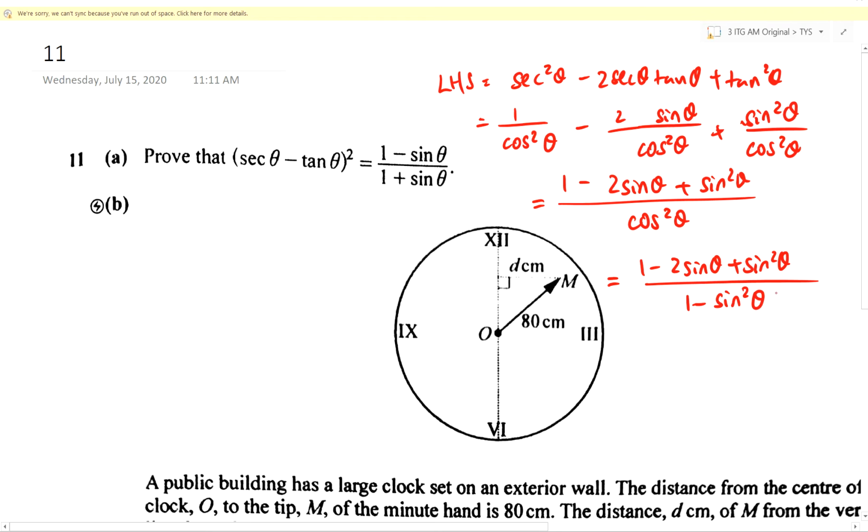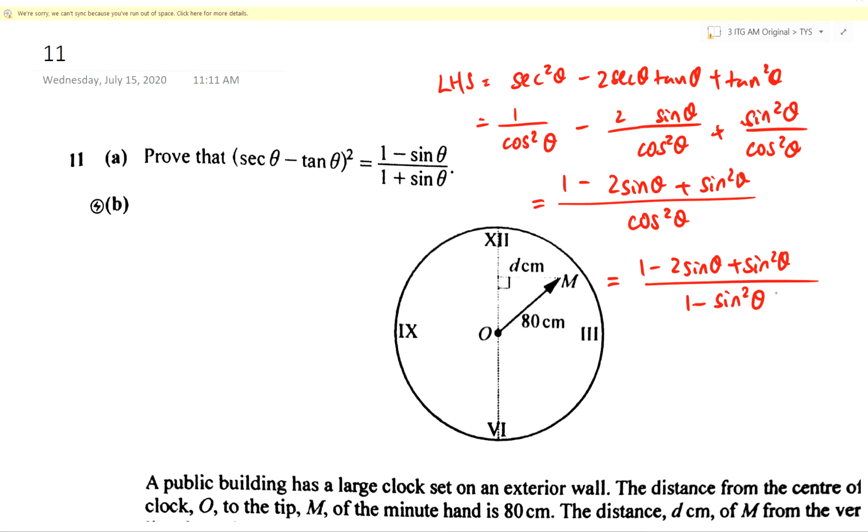Okay, at this point, it may not look like you made things easier for yourself, but if you stare closely, I've got one fraction, numerator, denominator. Definitely the numerators are going to be related. Definitely the denominators are going to be related. How do we get a 1 plus sine theta from a 1 minus sine squared theta?